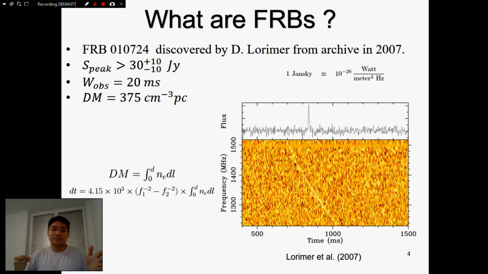The source emits radio waves, which propagate through space and then hit the observer on Earth. How far this is, is the dl here. However, we don't know the electron density distribution along the space yet. So if we want to find the DM, we need to find another way.